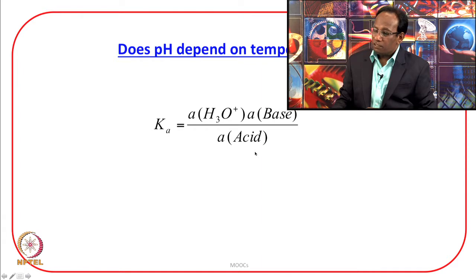And as I discussed earlier, the acidity constant is actually an equilibrium constant, and the value of an equilibrium constant is temperature dependent if delta H is either positive or negative.